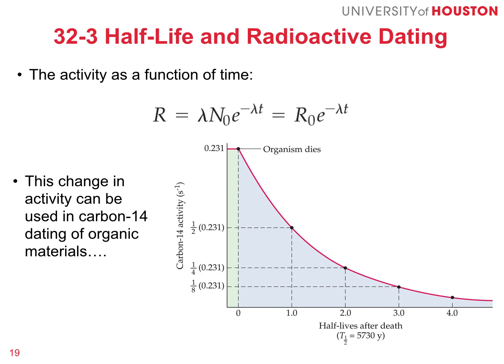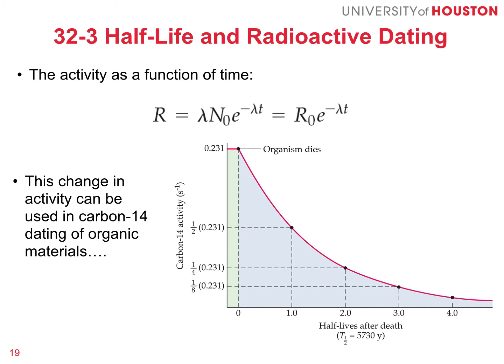Since carbon-14 is radioactive, when an organism dies, the carbon-14 will decay, and since the organism is dead, there is no other source of carbon-14 to replenish it, whereas this ratio stays constant while the organism is alive.